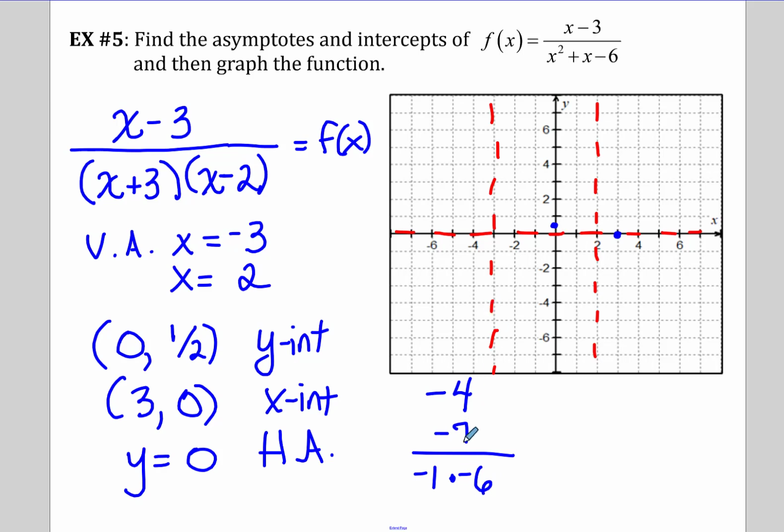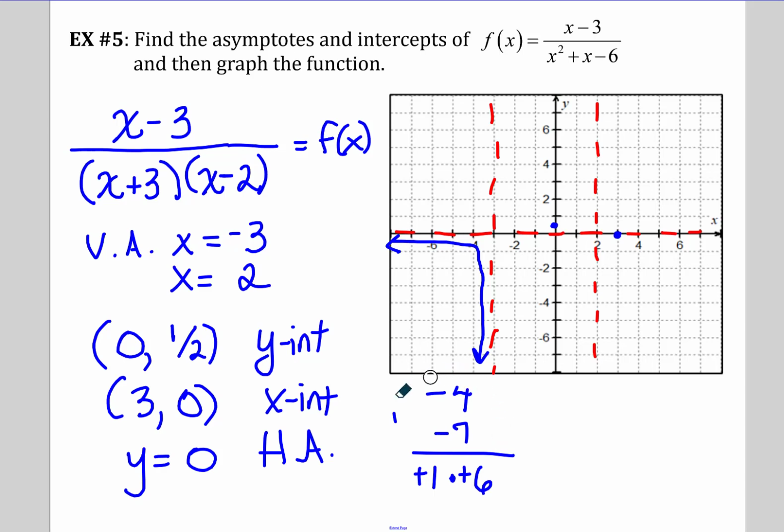So you're going to end up with a negative number over a positive number, which means everything in this section is negative. So I know, without really getting into the weeds here with plotting points, I'm going to hover close to that, and I'm going to have to turn and go down when I get to that infinite discontinuity.